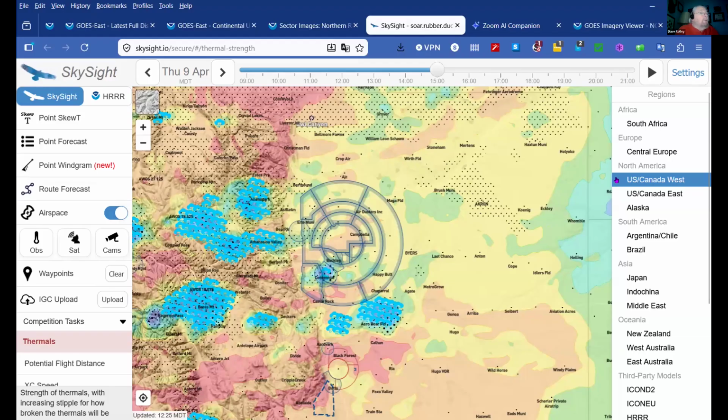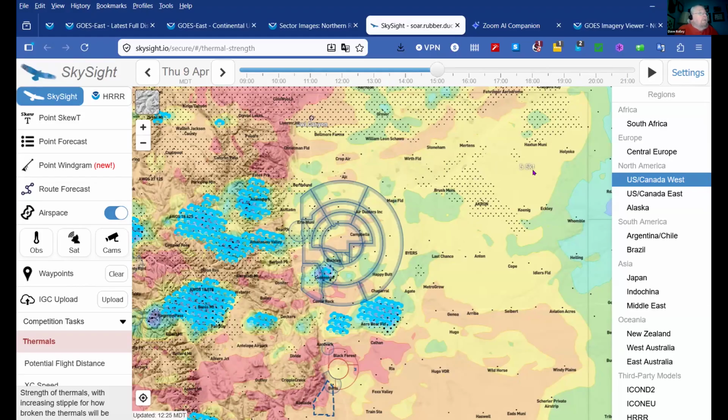The United States, main CONUS, is divided into two groups. The forecast model is pretty good on the western portion. It's pretty good on the eastern portion and the middle of the country, but it's better in, for instance, the Rocky Mountain region.